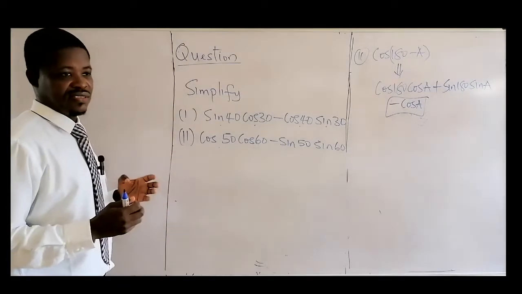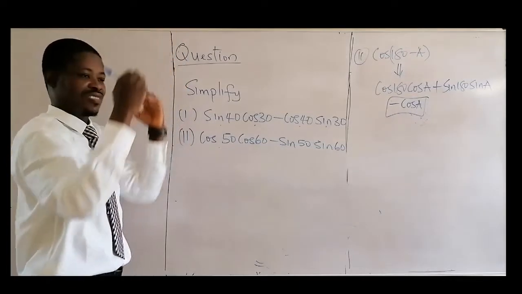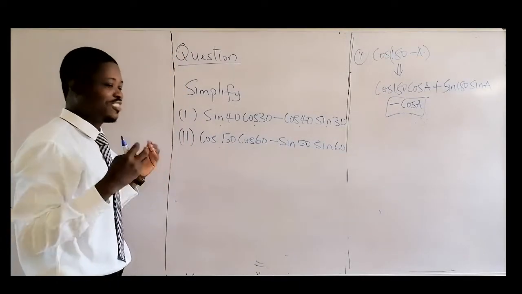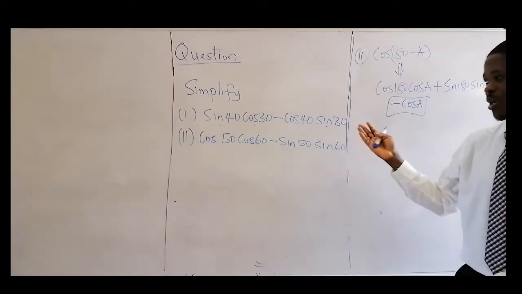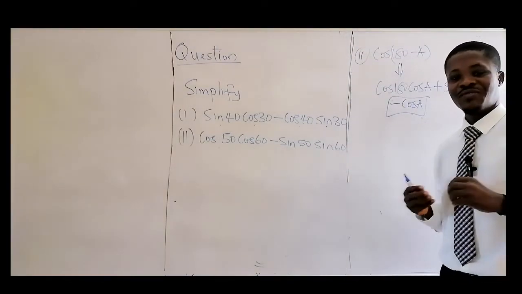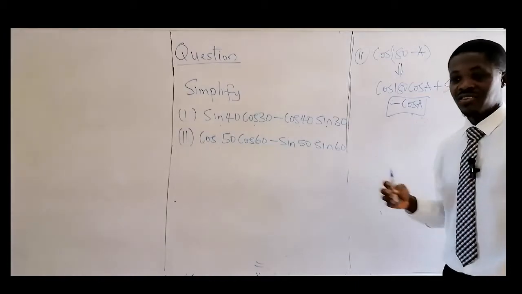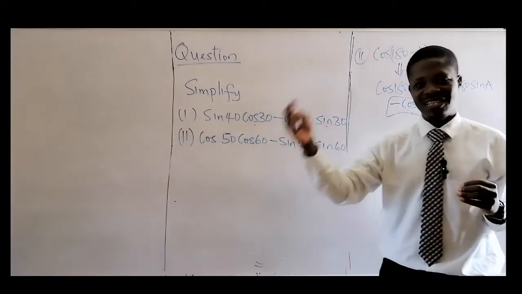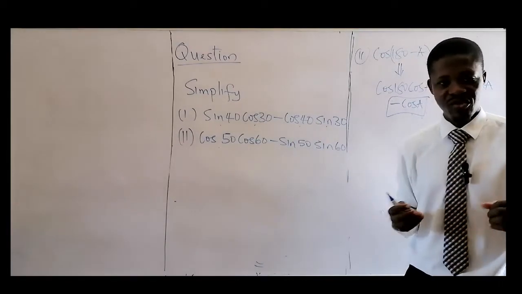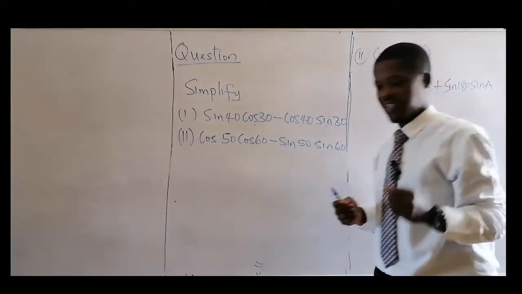The thing is, trigonometry is very important, and that's what we're going to apply. We're going to apply the addition formulae. If you missed the video for the addition formulae, please quickly go there and watch the video again.